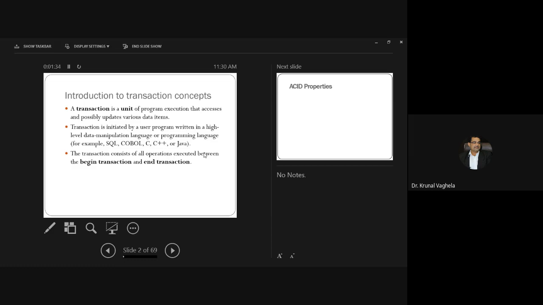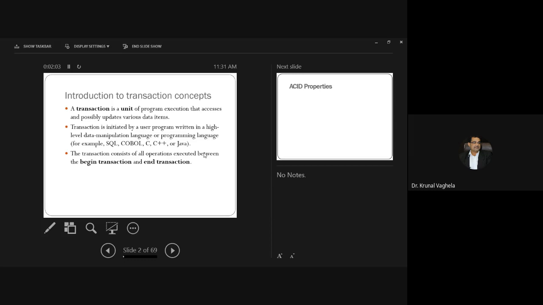Now tell me, you want to transfer something from your account to someone else, your friend's account, or account A to B. What are the activities which may be involved? What will happen in the backend database? Exactly. First, it will check the balance, whether sufficient balance is available. For example, you want to transfer 1000 USD.